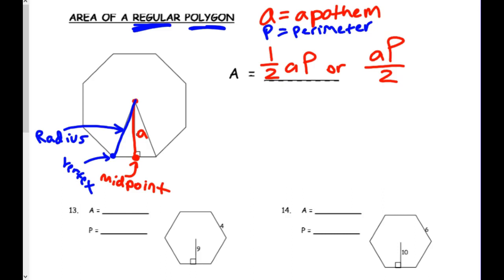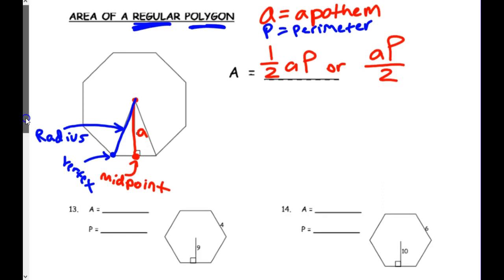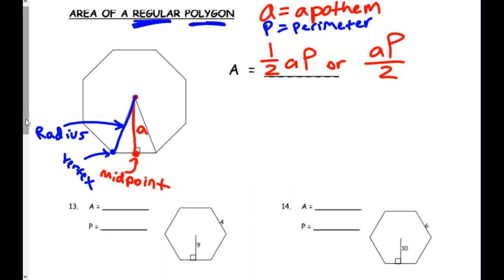So, real quick, number 13. Little a is 9. Now, P, I need to find the perimeter. I know one side is 4, and there's 1, 2, 3, 4, 5, 6. So 4 times 6 is 24. Okay, now I'm going to write that down right here. I just figured out the perimeter is 24. Does everyone agree? 4 times 6, 24.